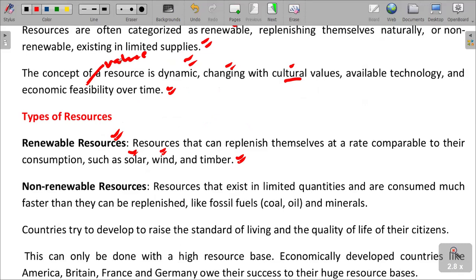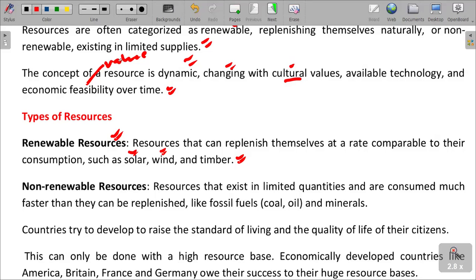When they are used, they are able to renew and regenerate themselves, and keep on replenishing themselves. We can put up solar panels to harvest solar energy, but we cannot say that the solar system has been finished.